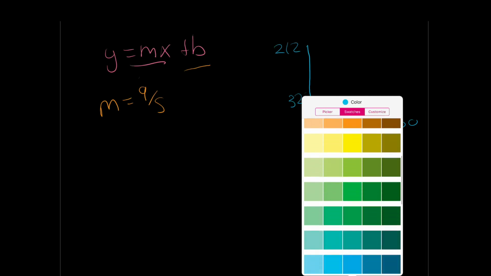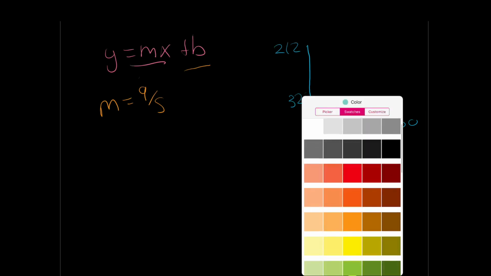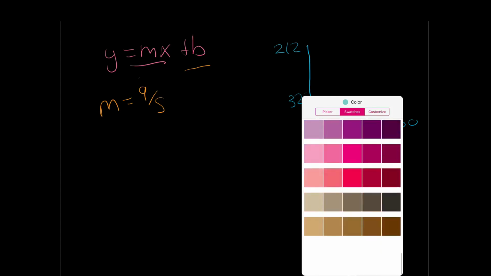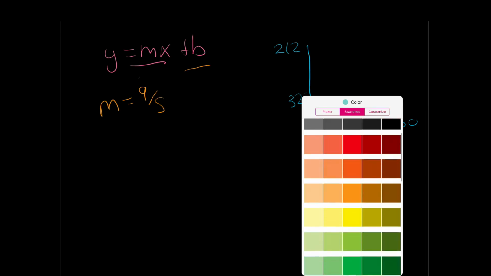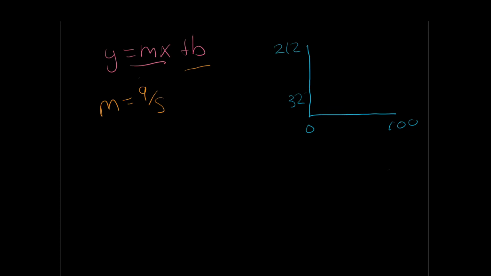I'm graphing x1, y1, and x2, y2. So we'll get a line like that.